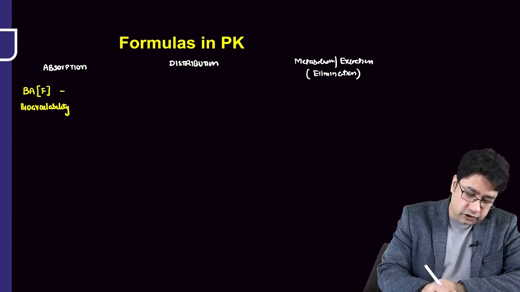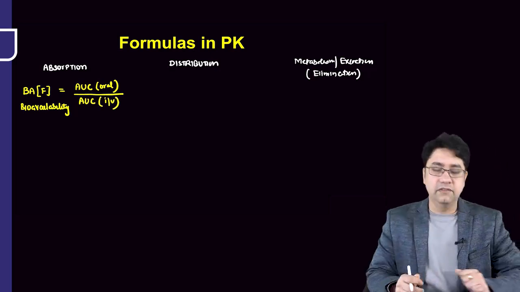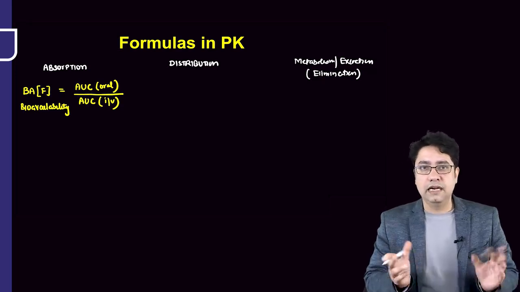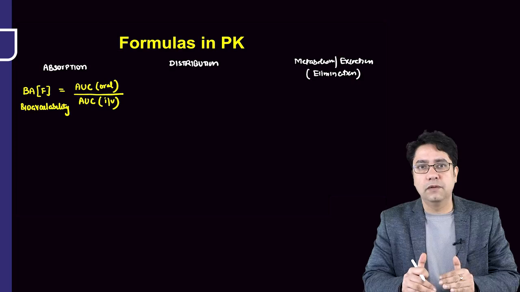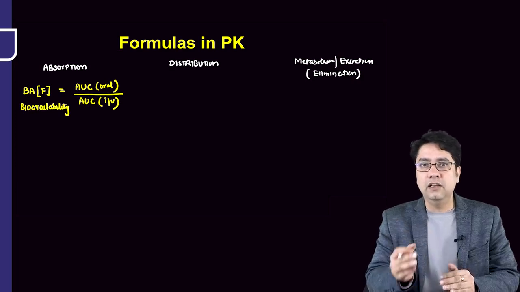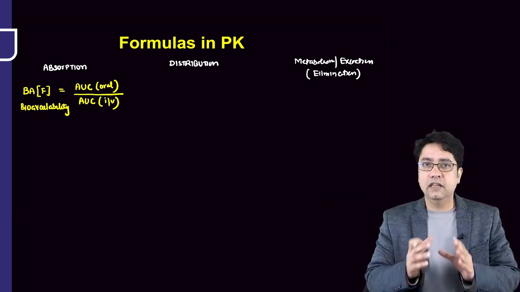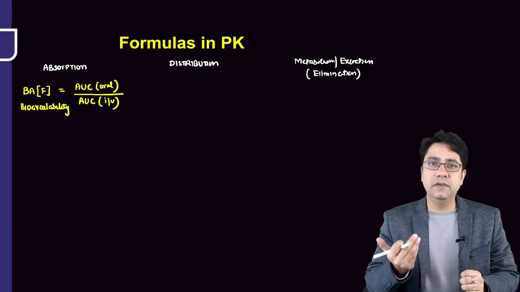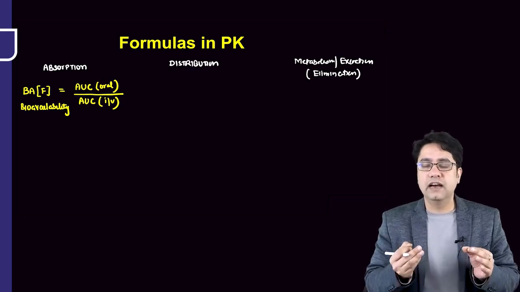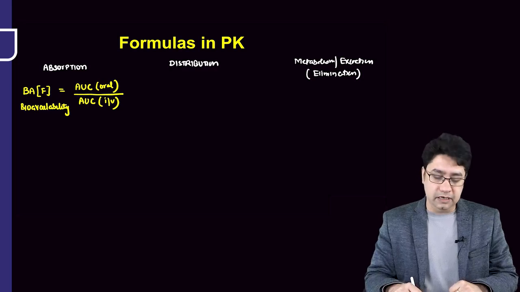And its formula was area under curve of concentration time graph, let's say you have given a drug orally, divided by area under curve when you have given a drug IV. That means when a drug enters into the blood, the area in oral will always be less, and in IV, the area under the curve will always be high because IV routes, they have 100% bioavailability.